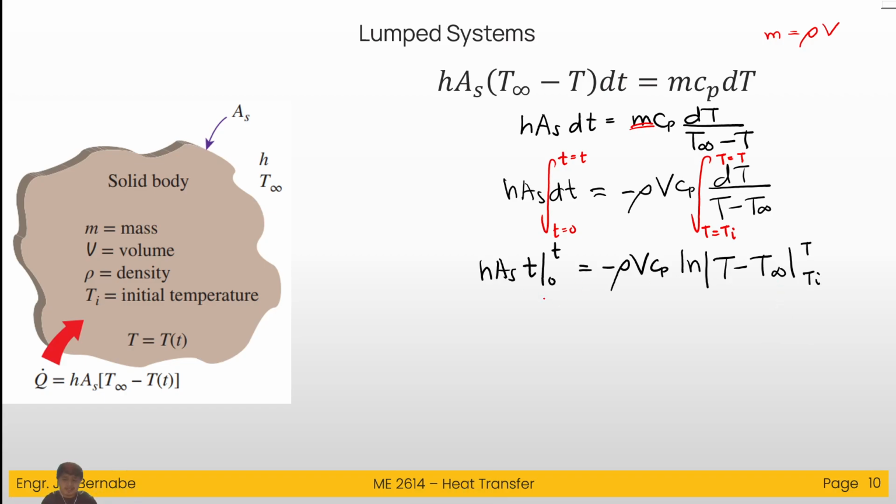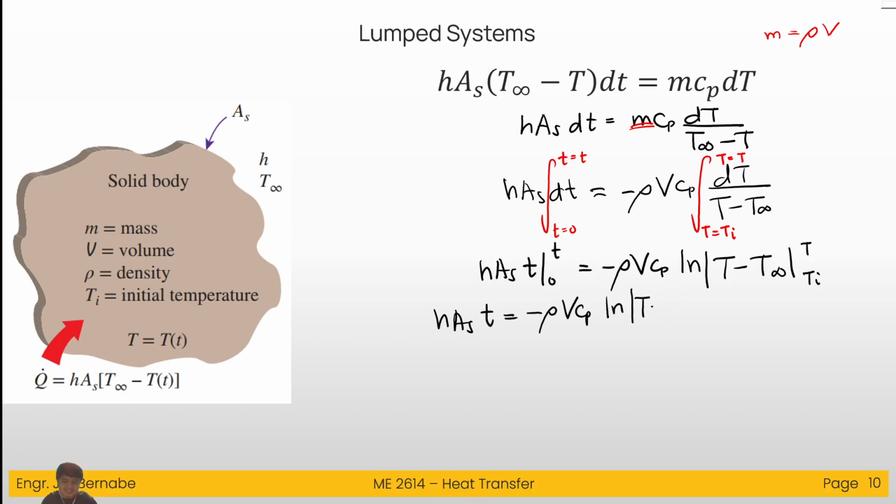Simplifying this, you have hA_s times t, and then negative rho V C_p, and then ln of (T minus T_infinity), minus ln of (T_i minus T_infinity).